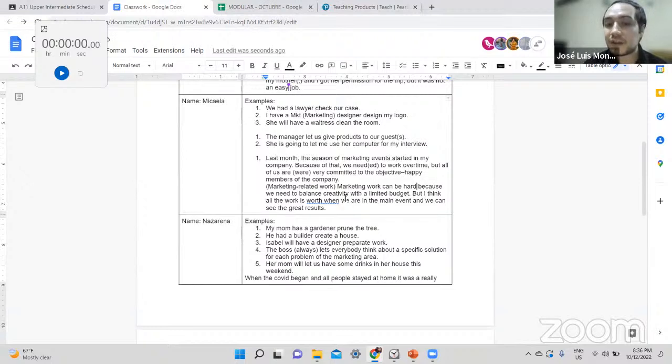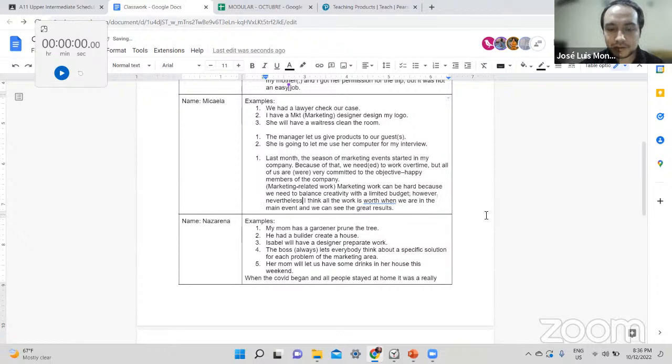And because we need to balance creativity in a limited budget. Good. And here, as I was saying, the period is too strong for a but. Okay, with but you usually use a comma, or a semicolon if you have too many commas before or after. So here we are going to use a comma, but, or if you want to make a big change, you can use a semicolon and a transitional word, that can be, for example, however, or nevertheless.